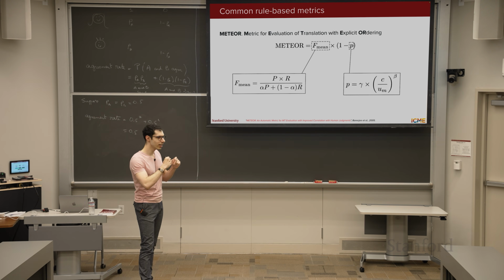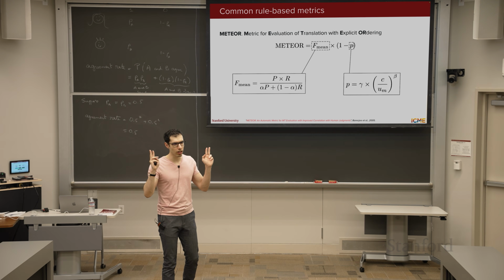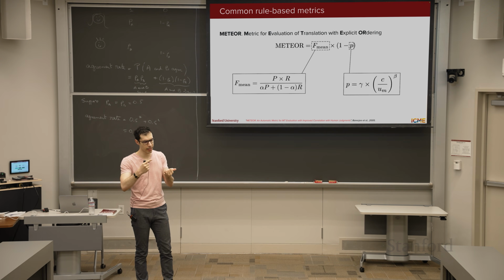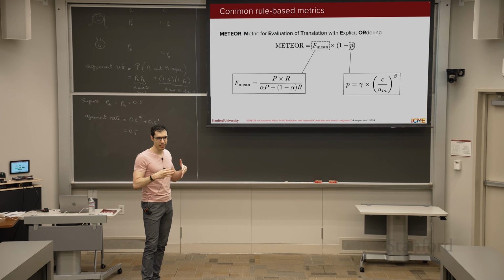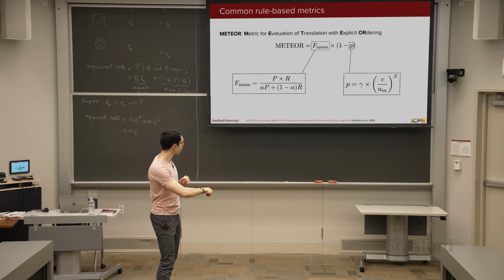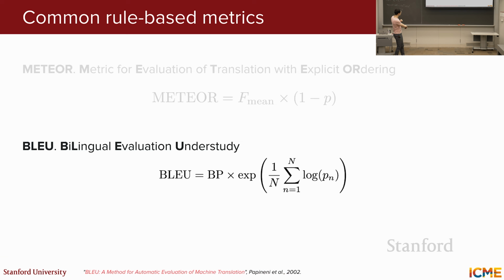Although the metric expands the range of what is called matched unigrams by taking into account things like words that are synonyms of one another and things that are of the same root. But still, it is not extremely satisfactory in that sense.